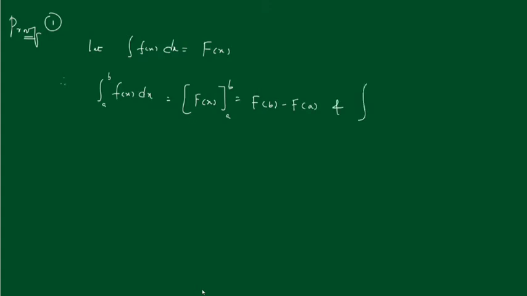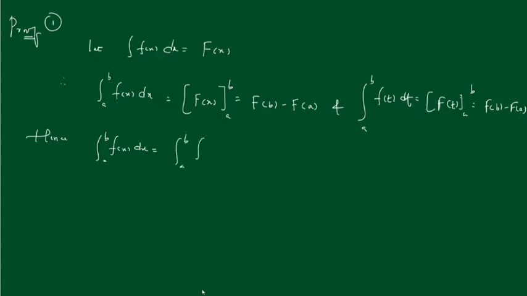And integration a to b of f of t dt, after integrating, what we get? F of t with limits a to b, which equals F of b minus F of a. Hence we have integration a to b of f of x dx equals integration a to b of f of t dt.